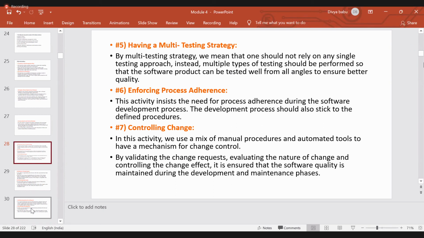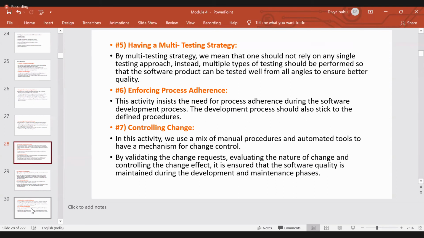Customer requirements are changing in an agile environment. You are ready to change. That is mandatory. And how can you control those changes?